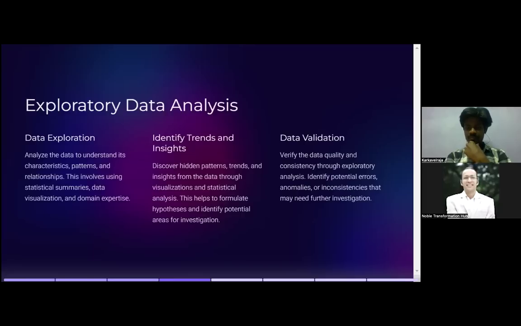You're visualizing with Matplotlib or other visualization tools you can use. And you need to talk to domain experts regarding this and take their insights. Then and only then will you be able to explore data properly.